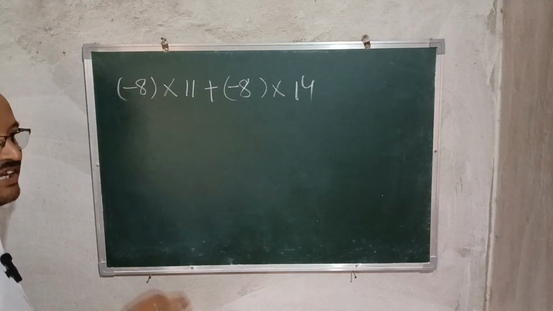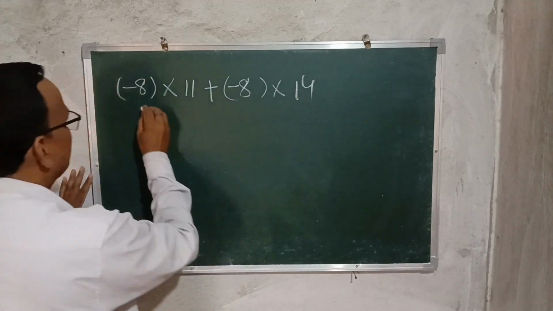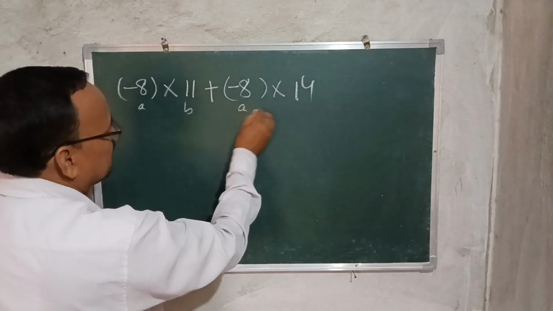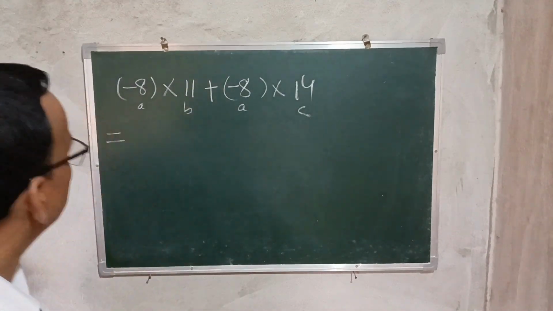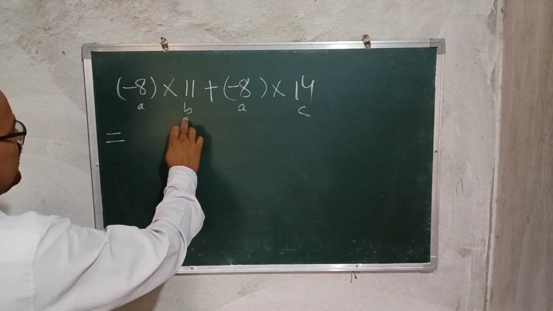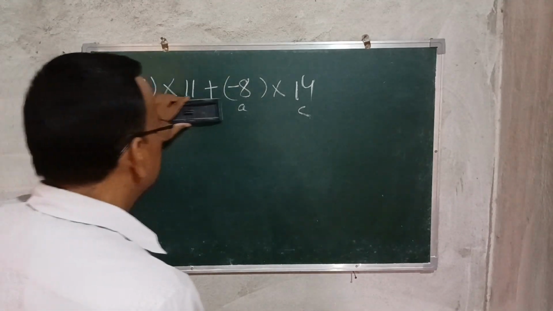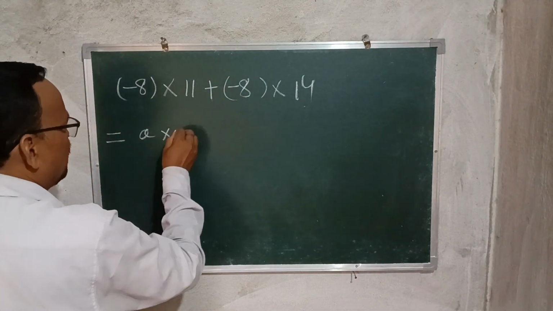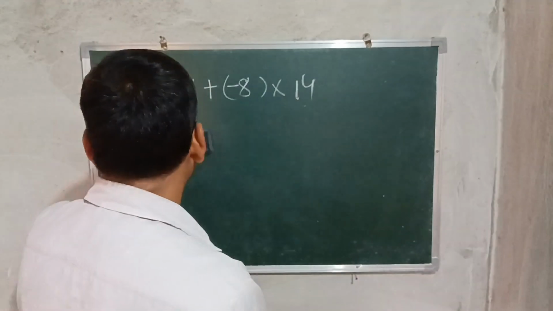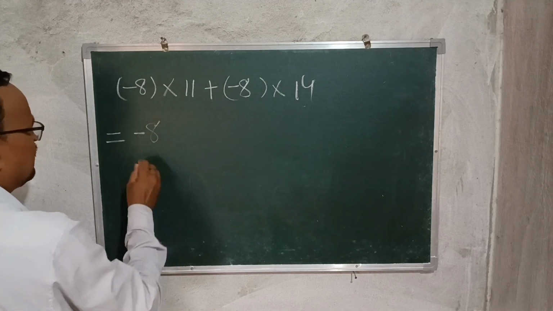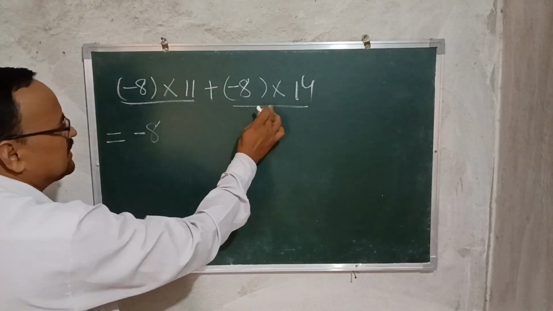In this case, we use the distributive law, because a into b plus a into c equals a into b plus c. Here this is a, this is b, and this is c.